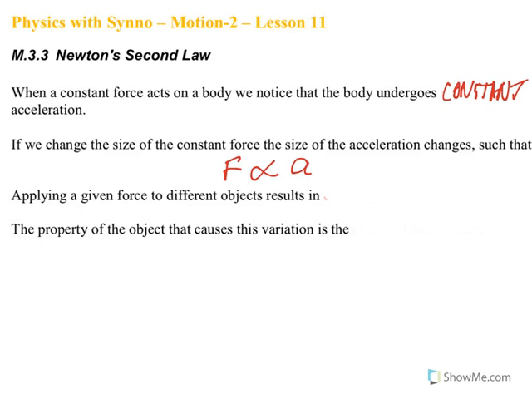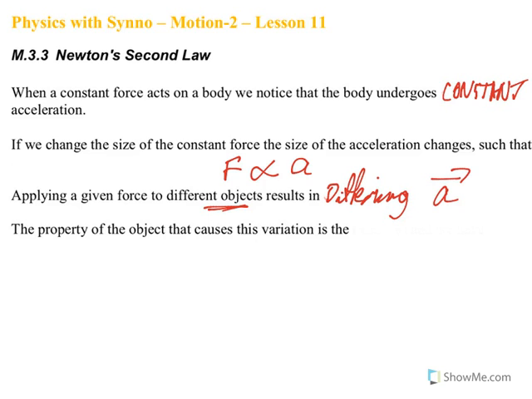So what is it that actually is responsible for that proportionality? If we apply a different force to different objects, once those masses are different, then what we get is differing accelerations.